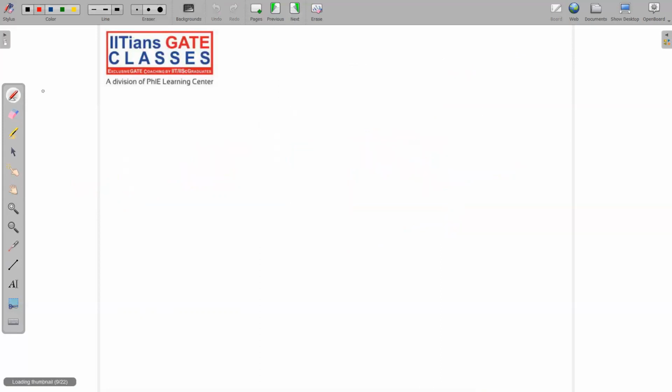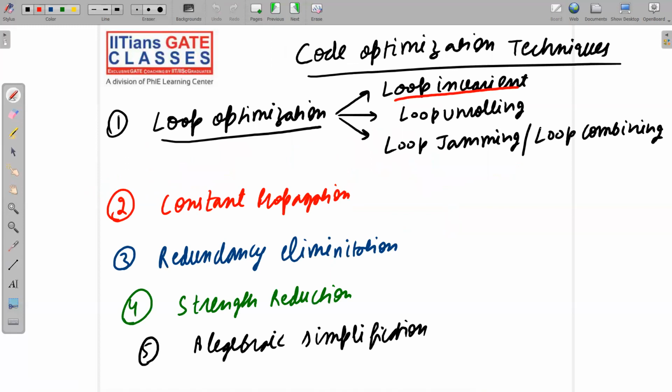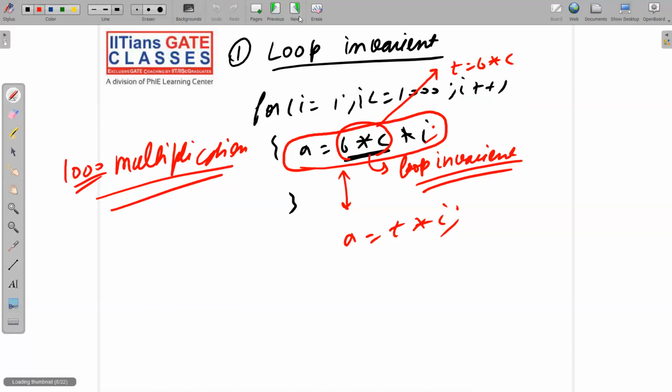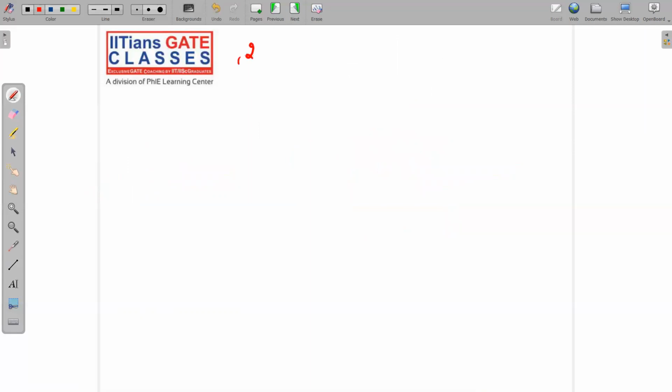Yes. So the next is loop unrolling. See the slide. Loop invariant is over. Now the next is loop unrolling. Let me show you the second category of loop optimization, that is loop unrolling. What is loop unrolling? Let me give you one example.